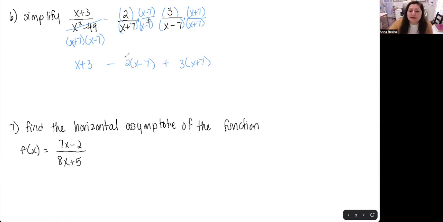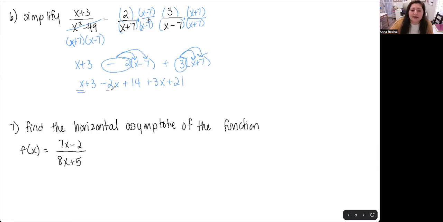So then I'm going to take this -2 and distribute it to each of these terms, and I'm going to take this +3 and distribute it to each of these terms. So I'm going to end up with x plus 3 minus 2x plus 14 plus 3x plus 21.